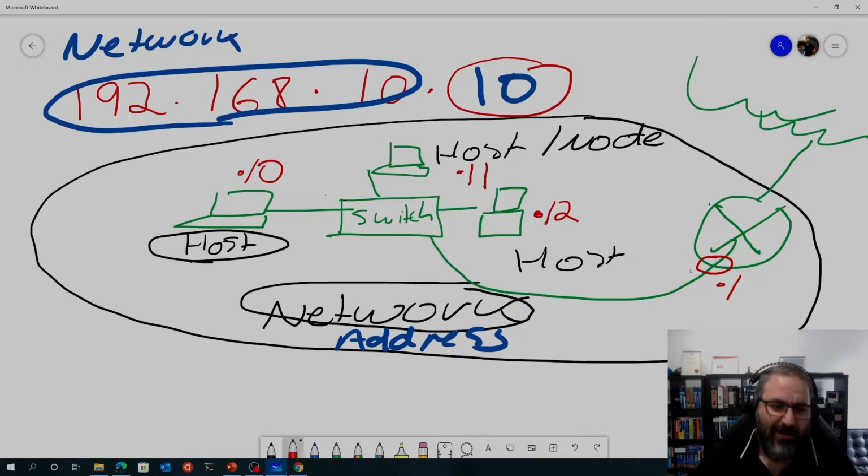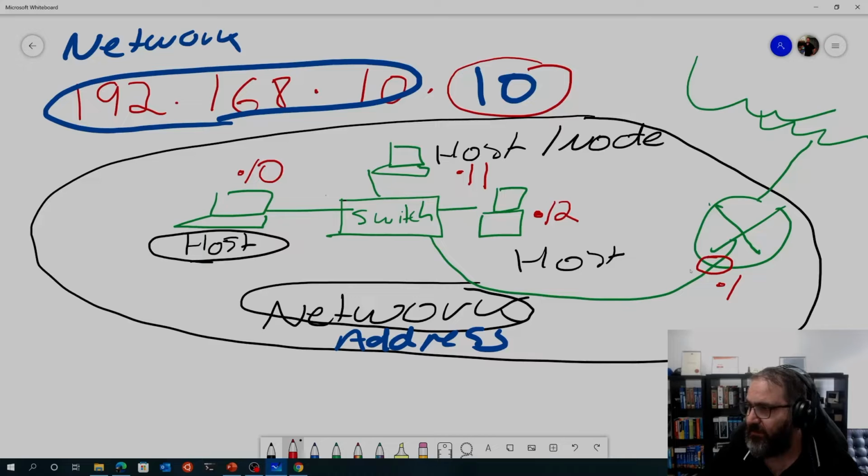Usually we write the router as .1, just best practice. You don't have to, but whenever you see a .1, you think, well, that should be our gateway address or our router address. That gateway address is like a doorway or a gate that gets us out of this network to somewhere else.